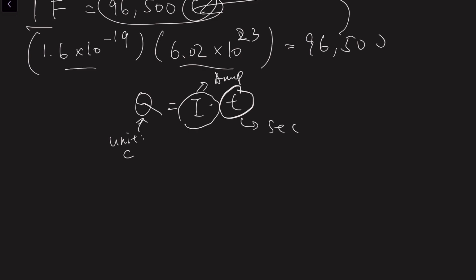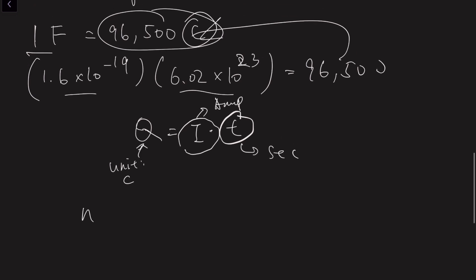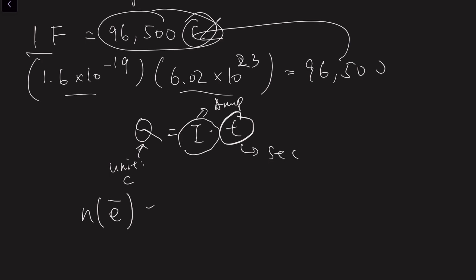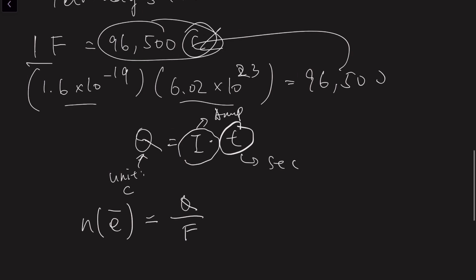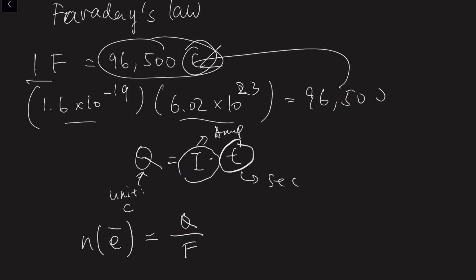So we can rearrange the formula a little bit. We know that the moles of electrons is equal to the quantity of charge divided by Faraday. So why is this the case? The unit of Q is basically coulombs.